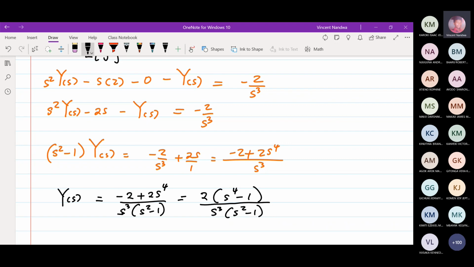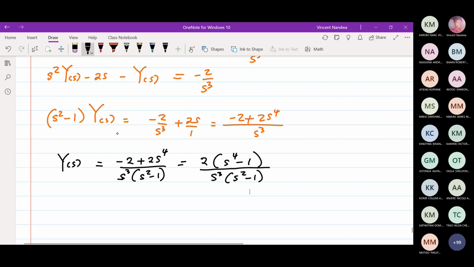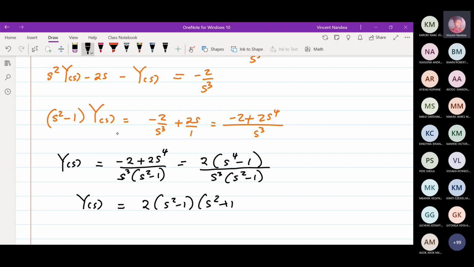You should be happy with the bracket in the numerator. Is it a difference of two squares? Yes. So we have 2 times (s squared minus 1)(s squared plus 1), divided by s cubed (s squared minus 1).